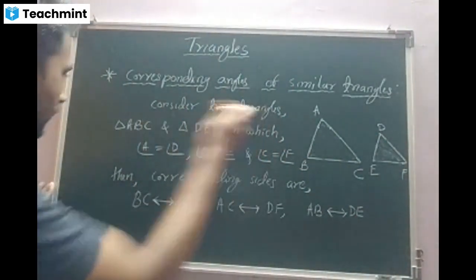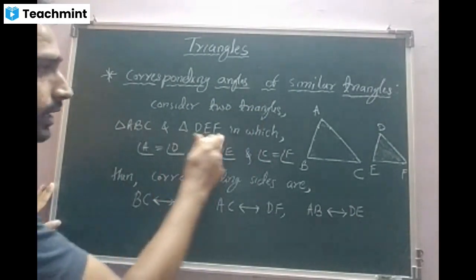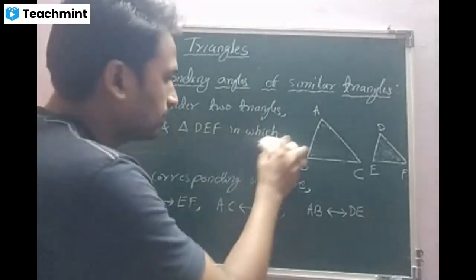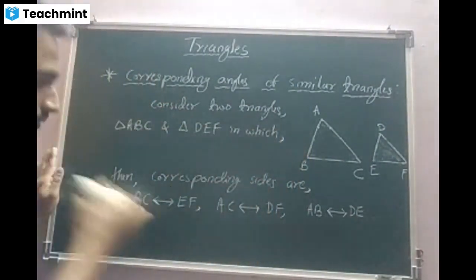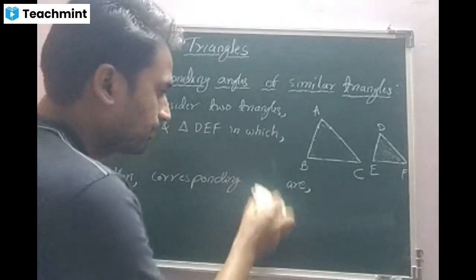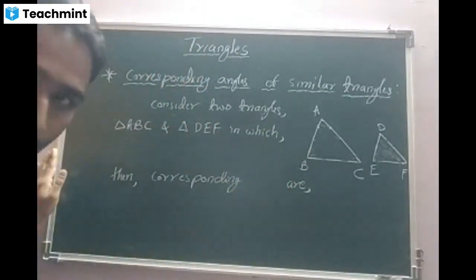Consider two triangles, triangle ABC and triangle DEF, in which this thing will be erased. This thing also will be erased. You'll come to know what I'm doing. Don't worry.